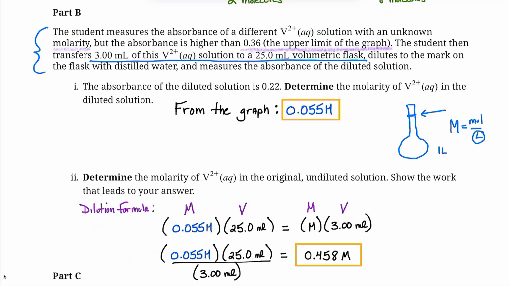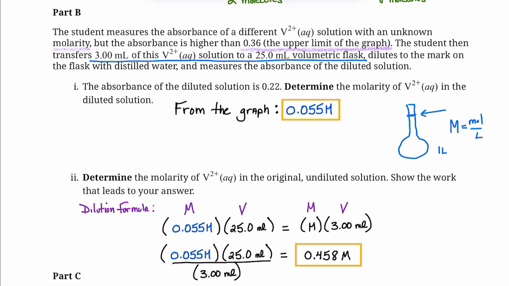So the student measures the absorbance of a different solution with an unknown molarity, but the absorbance is higher than the graph. So therefore, they want to dilute it and then read the absorbance from that diluted value. And then from that absorbance, from that diluted solution, use the curve that we have to get the concentration.